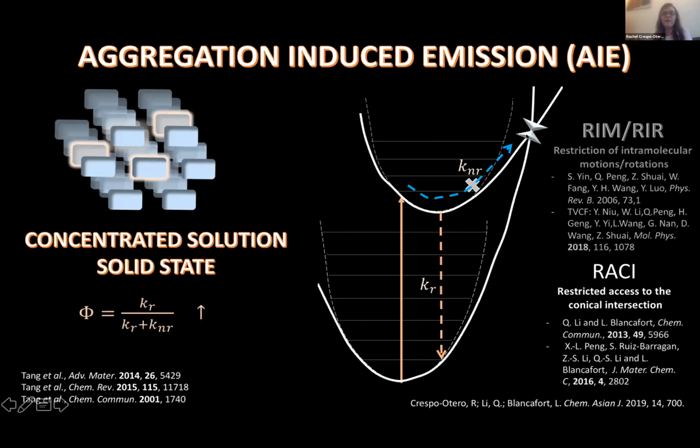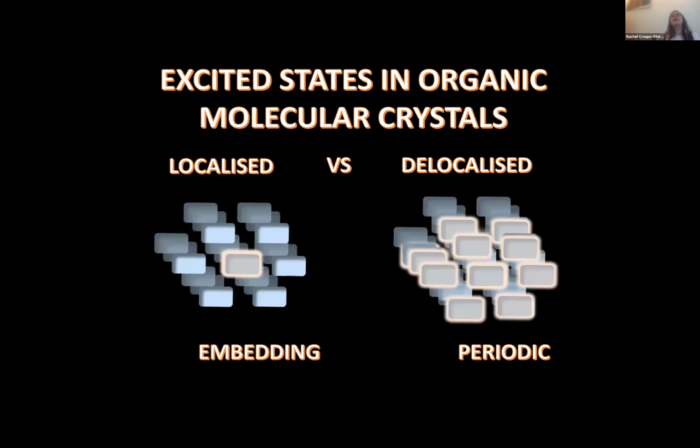And we try, in the solid state or in the molecular crystal, to block these conical intersections.